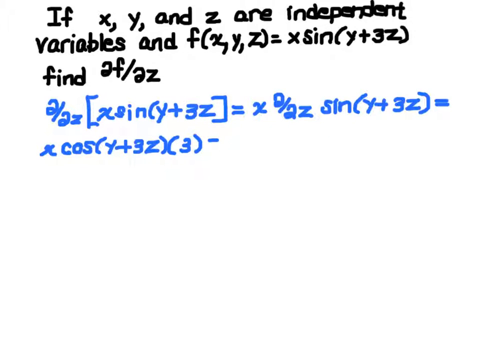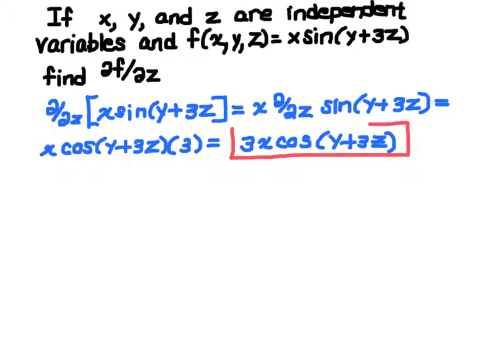And what we want to do is move that 3 to the front, and our answer is 3 times x times the cosine of y plus 3z. And I'm going to put a box around that. So this is the answer. This is the partial derivative of our function f with respect to z.